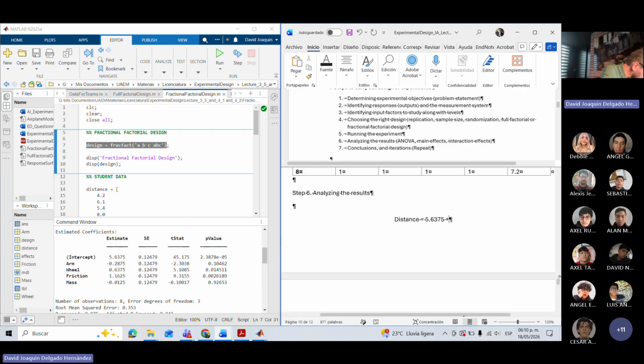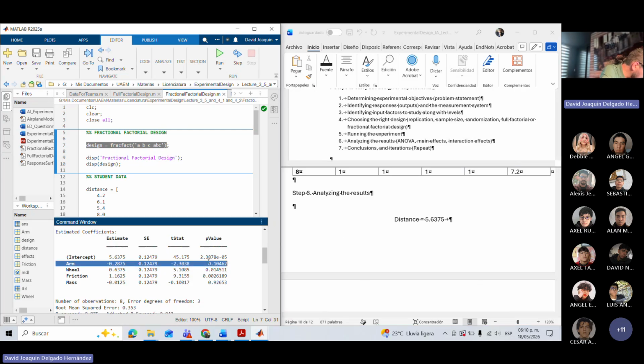This one doesn't matter because the p-value is very large. This factor is not important, but this one is important: wheel. So it will be 0.6375 times the variable of interest, which is wheel.